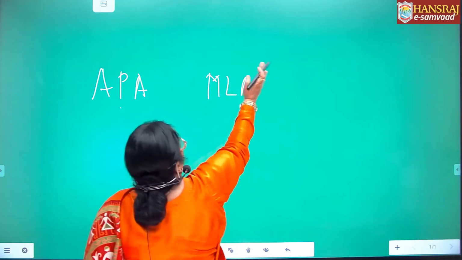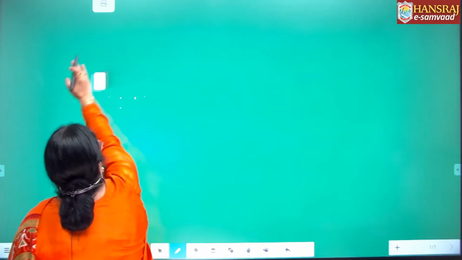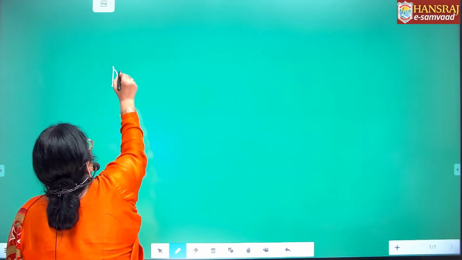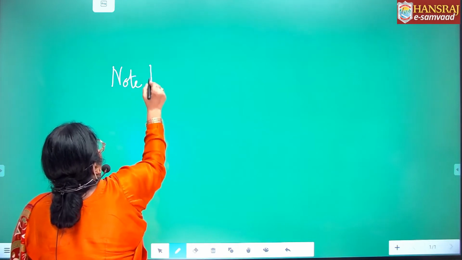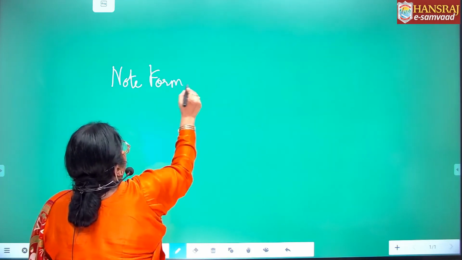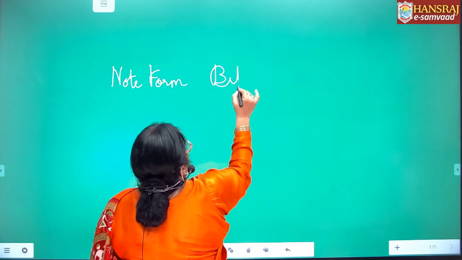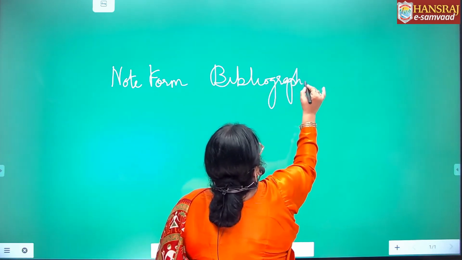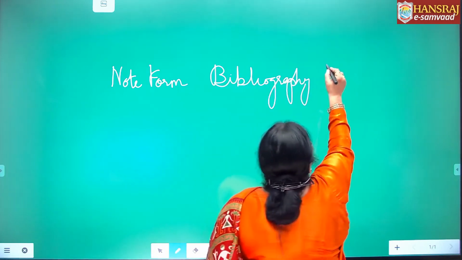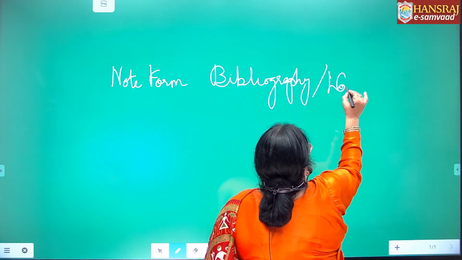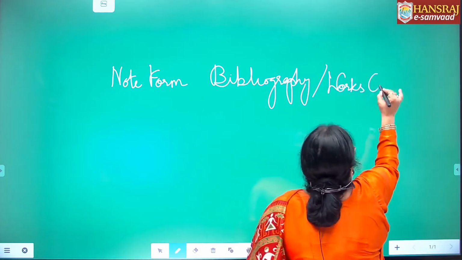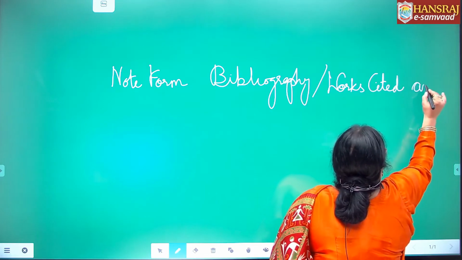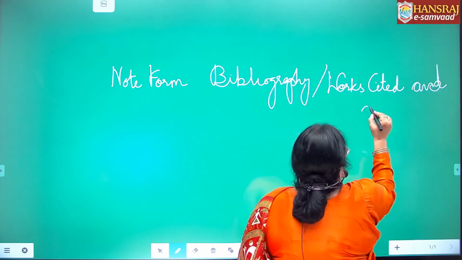So now I will be talking about three components that are important. First is note form. The other is bibliography, or we can say works cited and consulted.